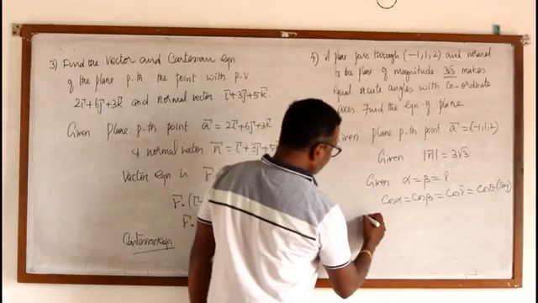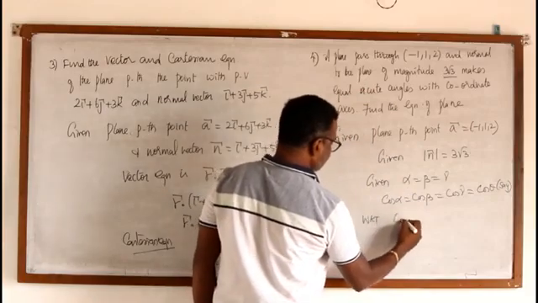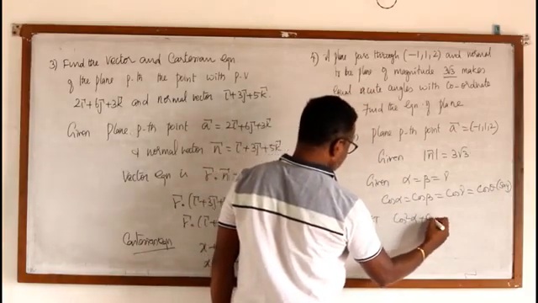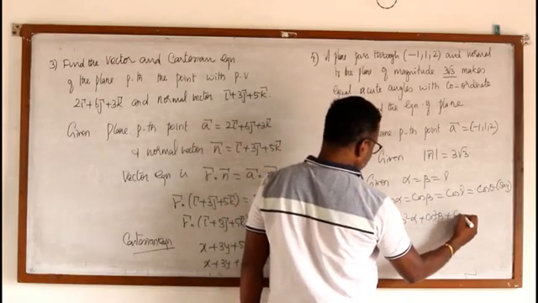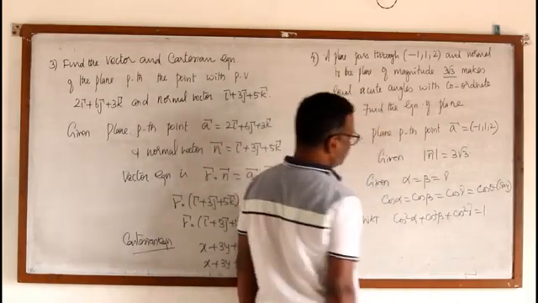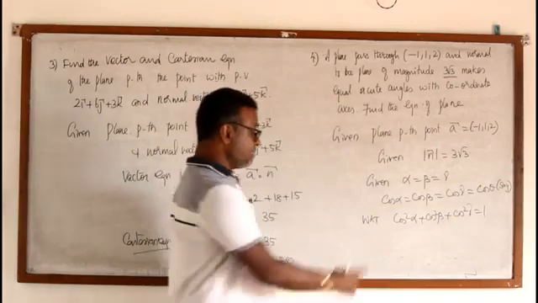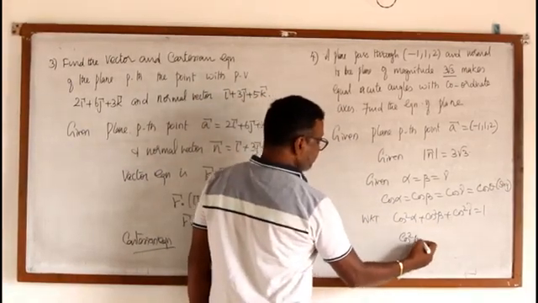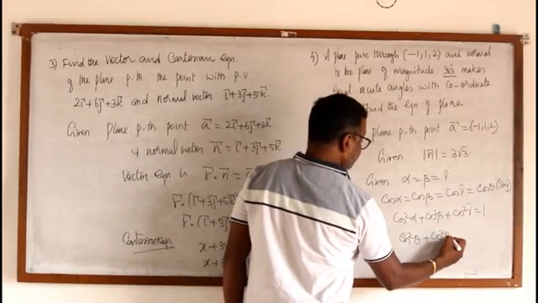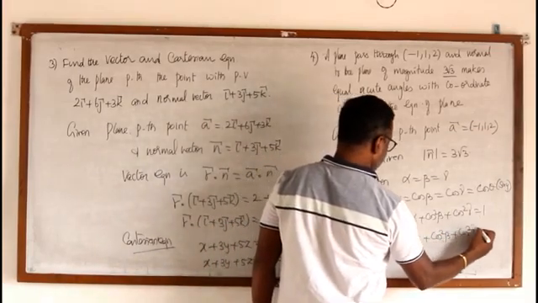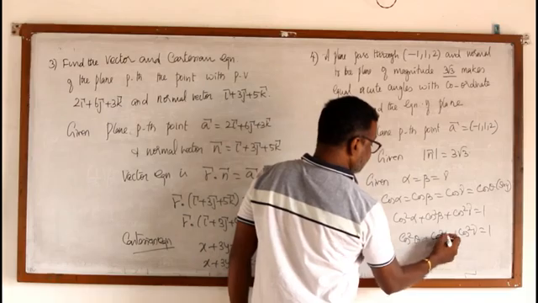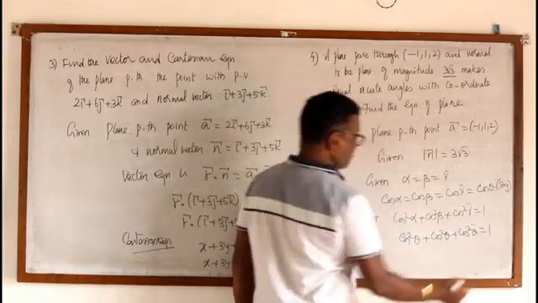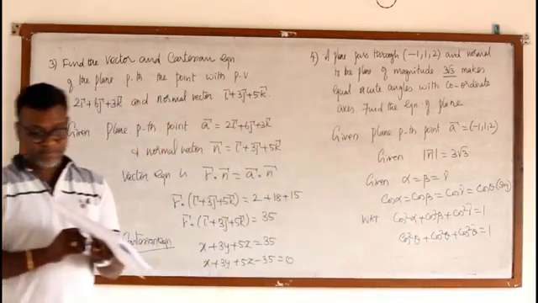We know that cos square alpha plus cos square beta plus cos square gamma equal to 1. The sum of the squares of the direction cosines is unity. Instead of alpha, I put theta: cos square theta plus cos square theta plus cos square theta equal to 1.